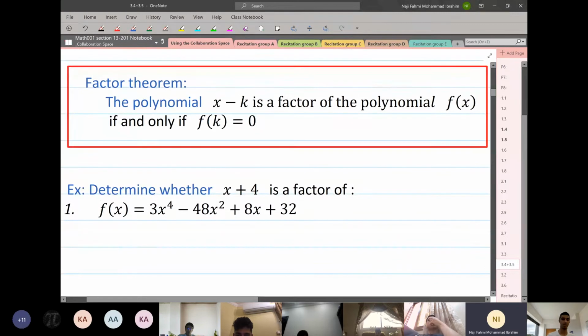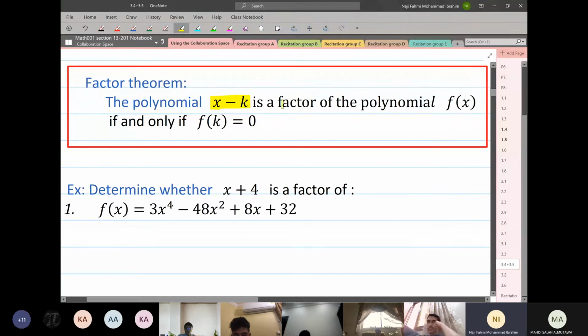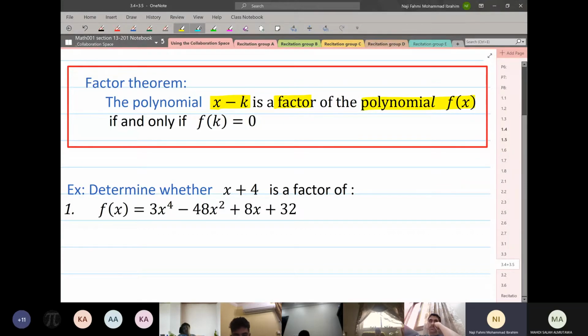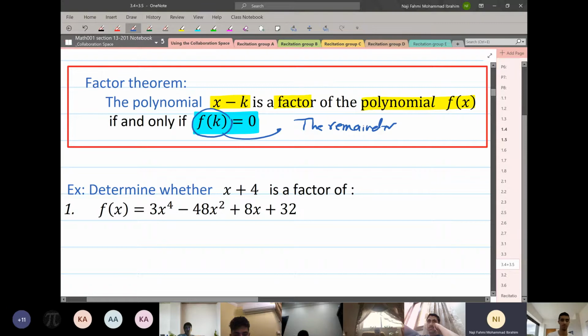So let's read this factor theorem. What does it say? The polynomial x minus k is a factor of the polynomial f of x if f of k is 0. Why? This f of k is the remainder of dividing f of x by x minus k.